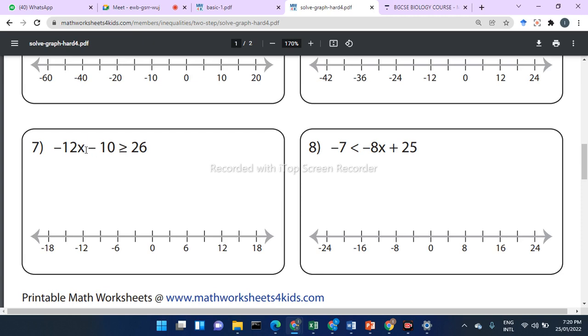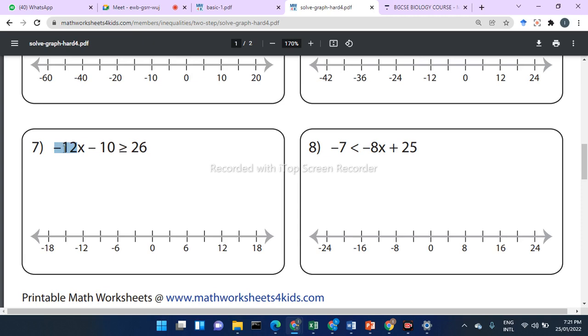This one is pretty straightforward, and I'll be honest, something like this is what is more likely to come on your exam. They like to bring stuff like this because the trick here is that you have to divide by what? Negative 12.